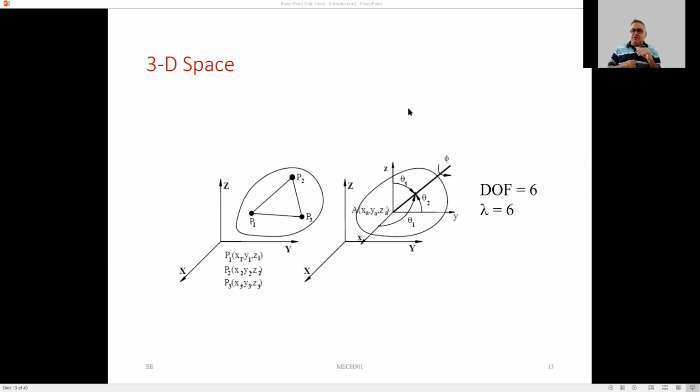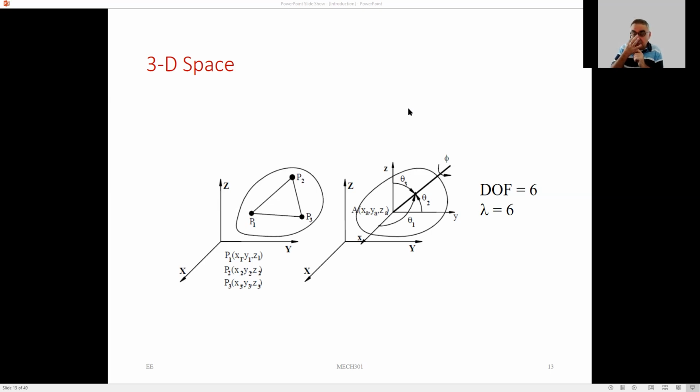It might not be very easy to imagine, but take a regular object, like this pen moving in space like an aircraft. How many degrees of freedom does it have? It has 6 degrees of freedom.